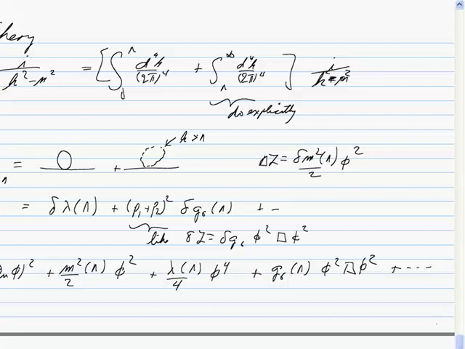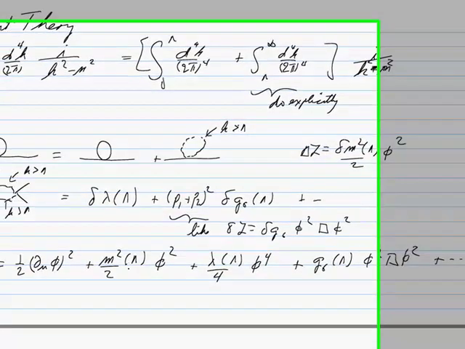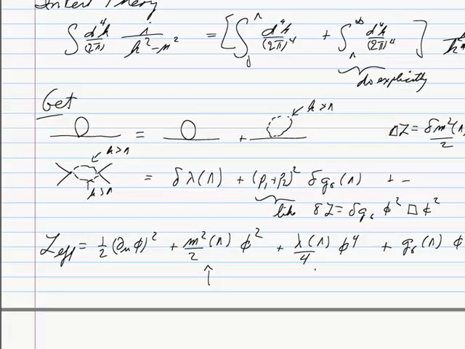Okay. So here, even though I've only got one field, by integrating out its heavy components, I get a field theory with the coefficients depending on the scale.